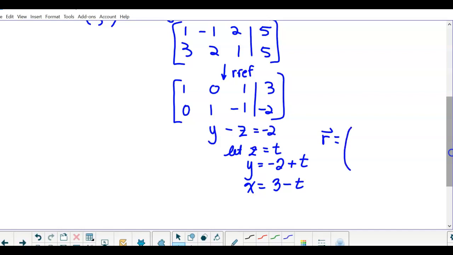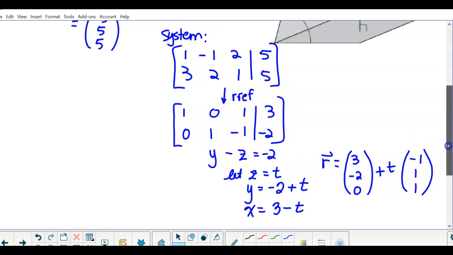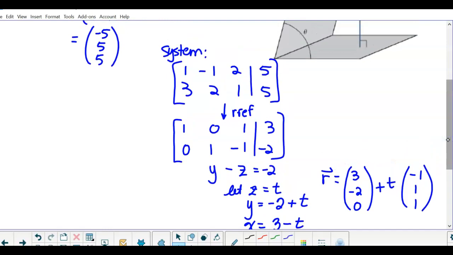Position vector 3, -2, 0. Direction vector -1, 1, 1. Okay, and compare that to the cross product. That's the same. So here, if we factor out 5, we get -1, 1, 1.